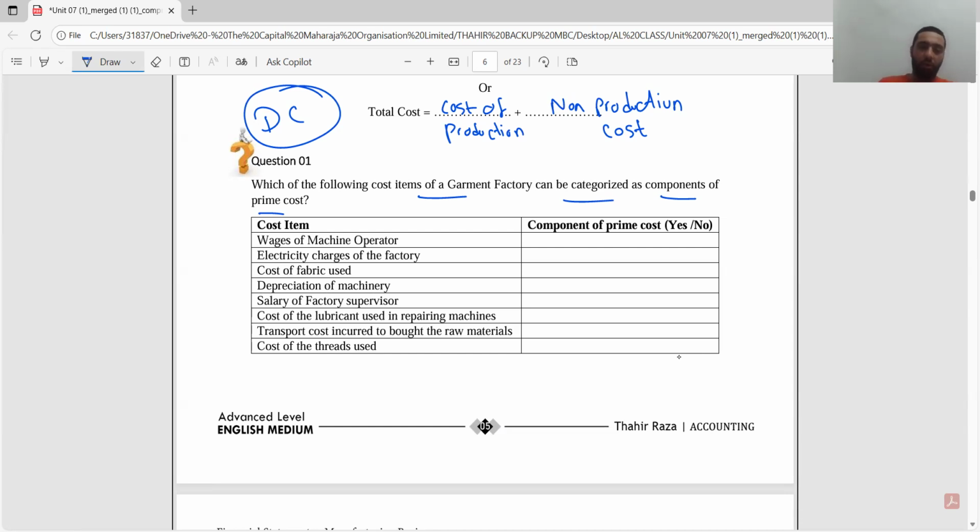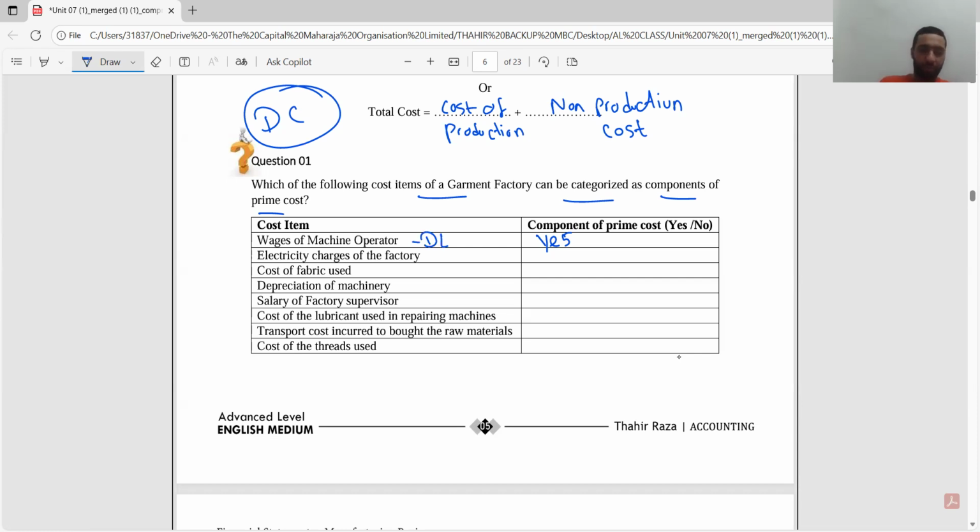Is this a direct cost or not? Yes, very good. We all know it is a direct labor cost.